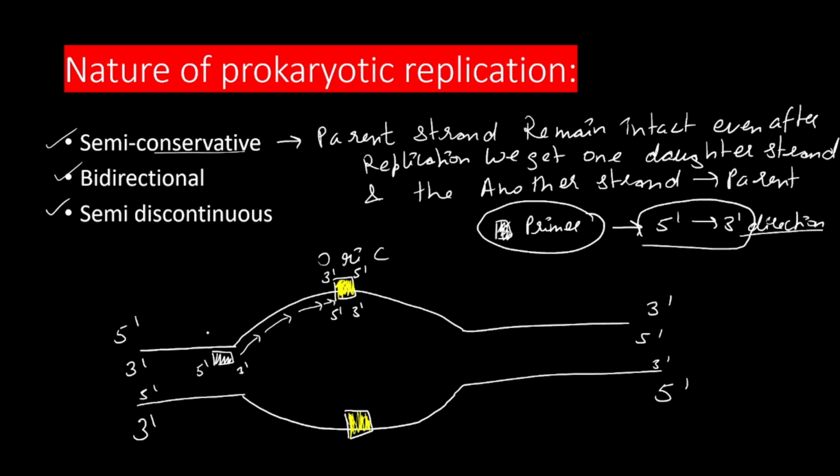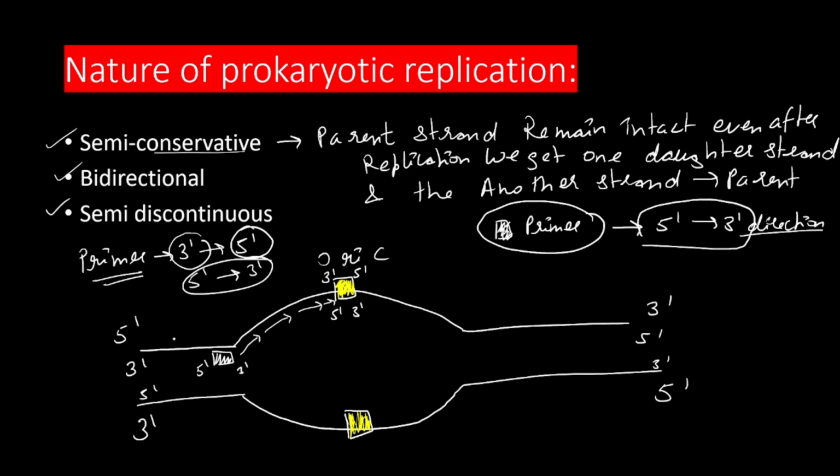So the question arises that where the primer is getting attached. So primer always get attached to a 3 prime to 5 prime direction. And why it is happening? Because अगर 3 prime to 5 prime direction है, then only the primer will be able to synthesize in a 5 prime to 3 prime direction. Are you getting this point? Just look at this very carefully.